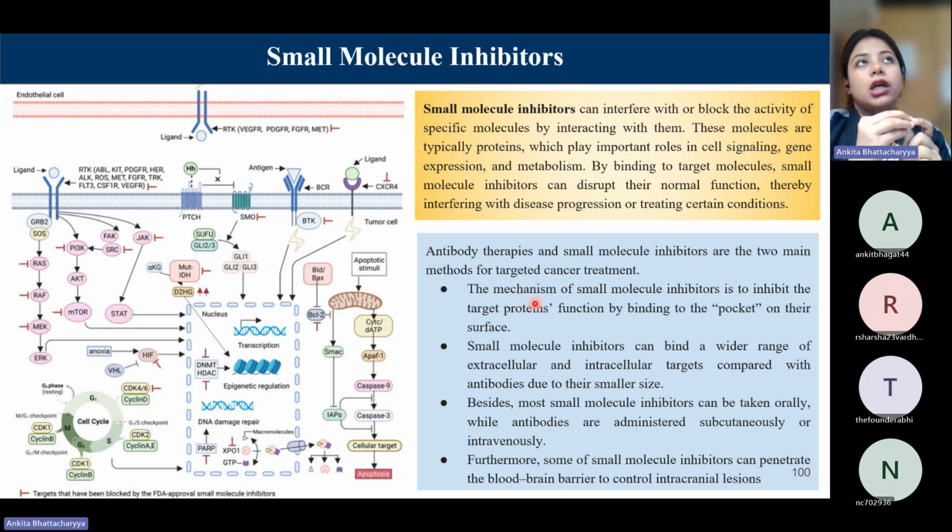Say, for example, if I have any protein, say ERK or MYC, these are very commonly, very potent transcription factors which are present in many types of cancers. Now, the region where MYC binds on DNA, if you just take that DNA binding region sequence, and you design that as a drug, you modify it in such a way that it will have very high affinity for your protein of interest. Then what will happen?